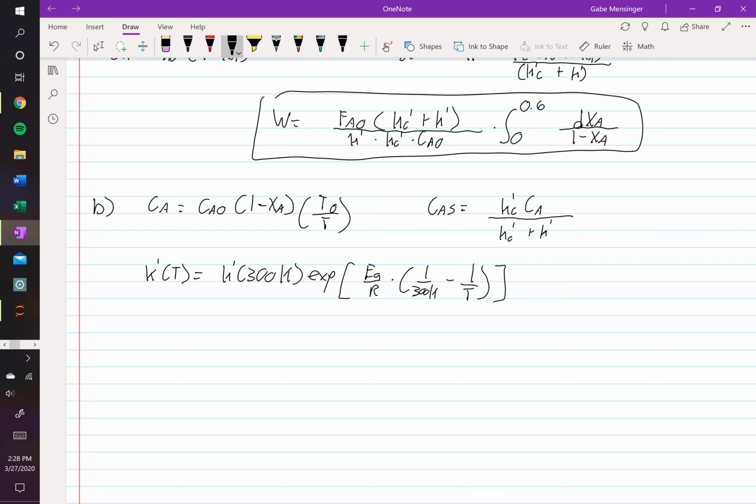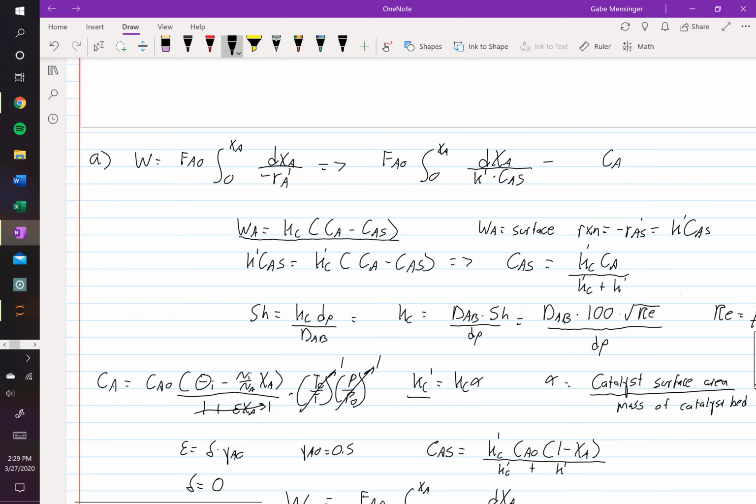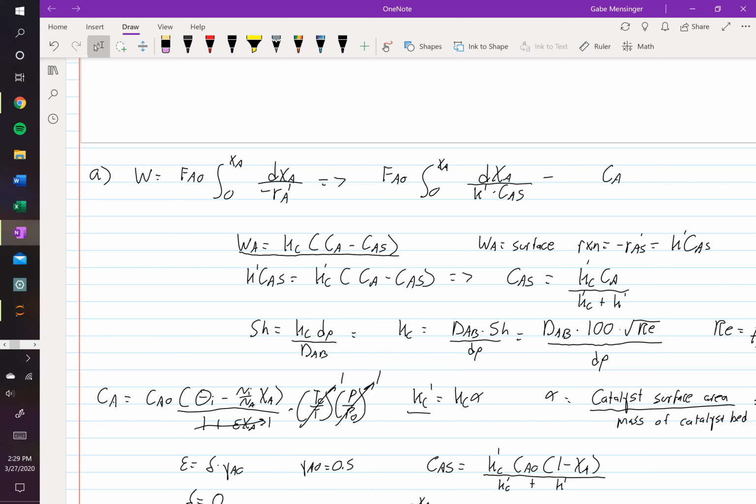From the mass balance, the design equation will stay essentially the same. dXA over minus Ra prime. And for the most part, all the work we did up here can still apply.